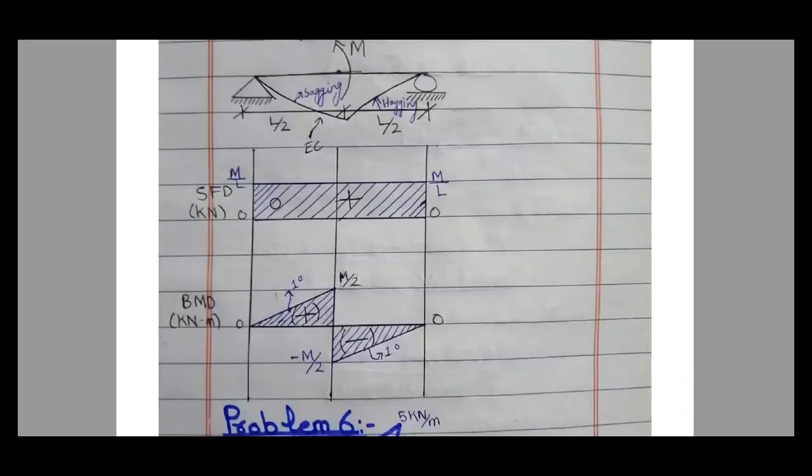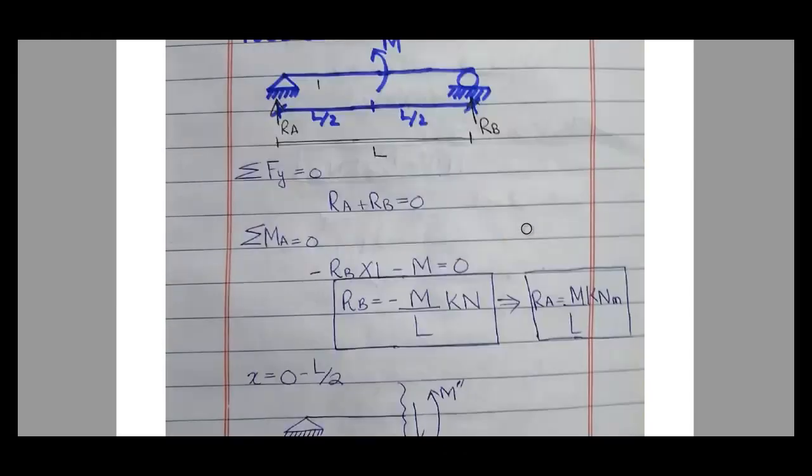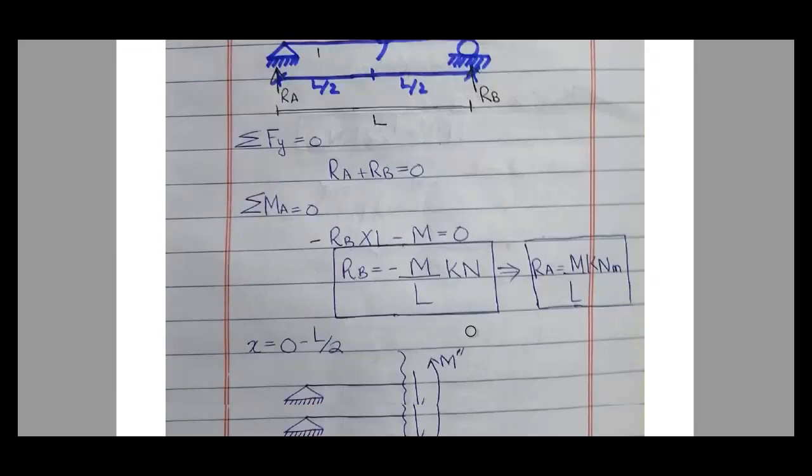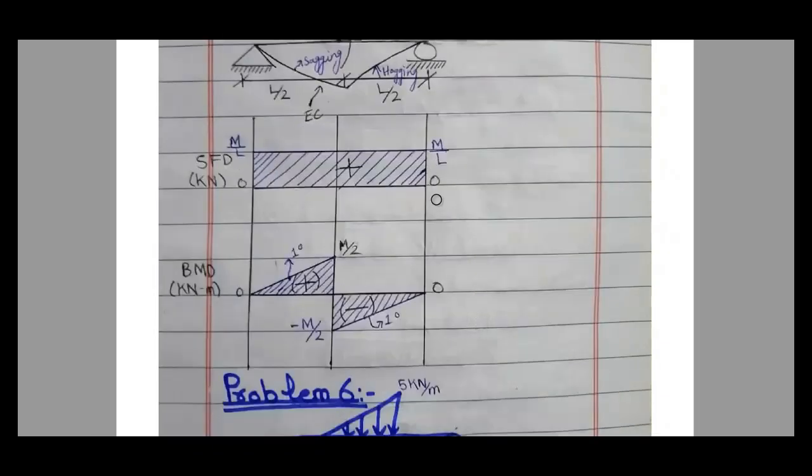Shear force diagram is okay. Which reaction was positive and which one was negative? Let me see. The reaction at support A is positive and at B is negative. So at A it is going upward and at B it is coming downward. This is fine. Shear force diagram is correct.